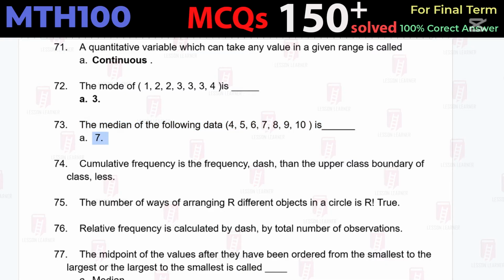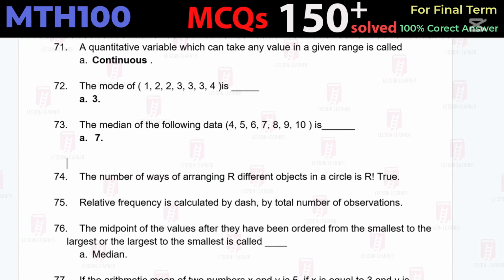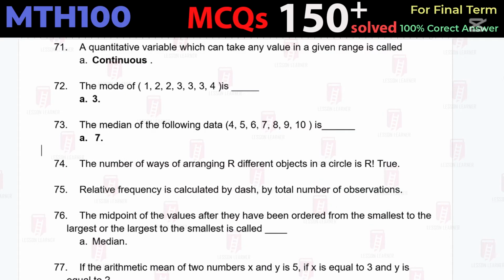The cumulative frequency is the frequency... The number of ways of arranging r different objects in a circle is (r-1)!.